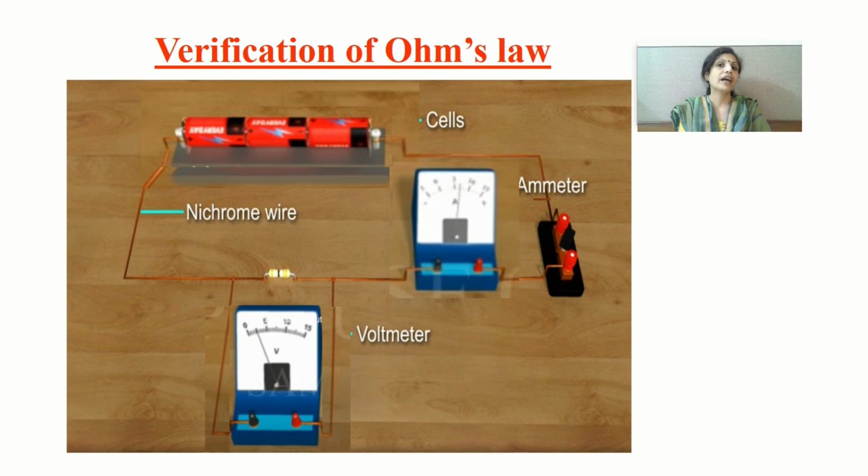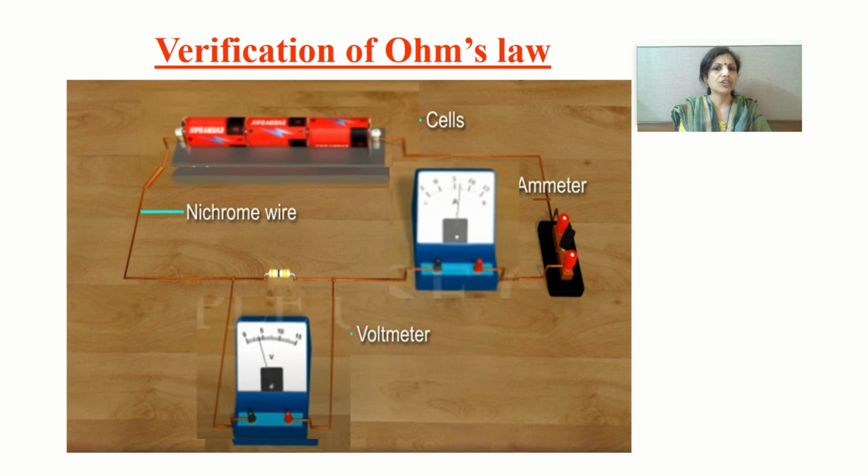The pointer has gone ahead again. That means current has increased. As we are increasing the potential difference, we can see the change in the current, and the current is also increasing.